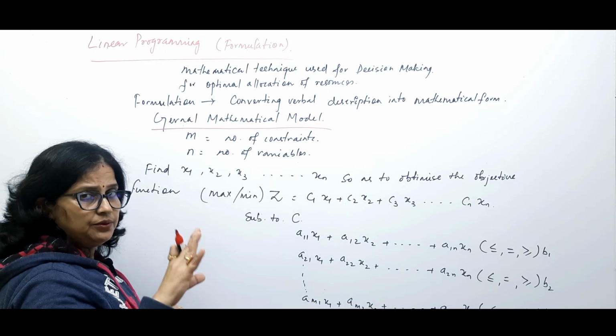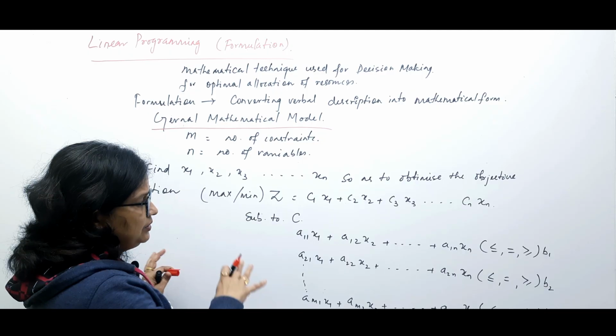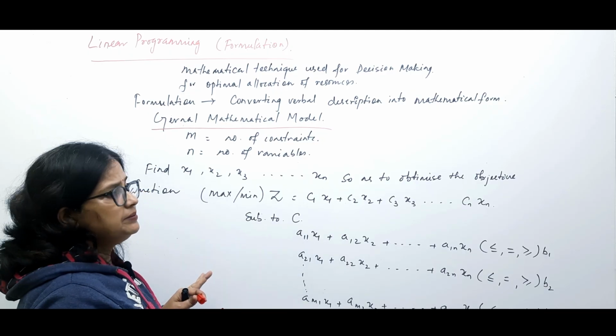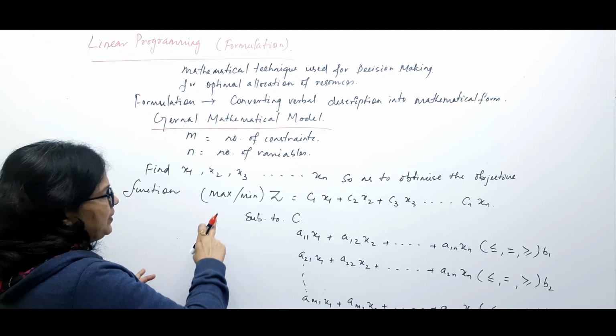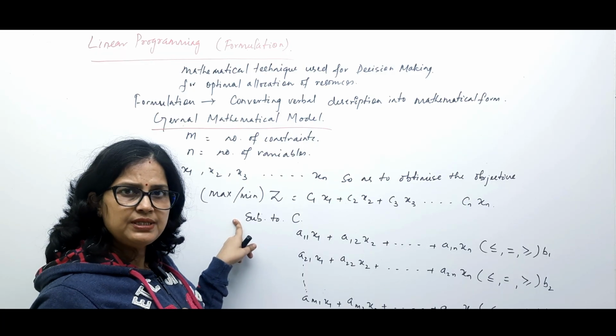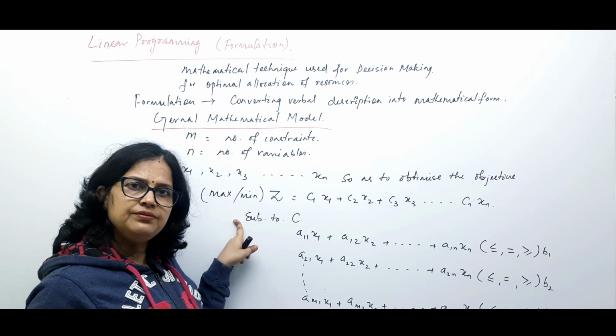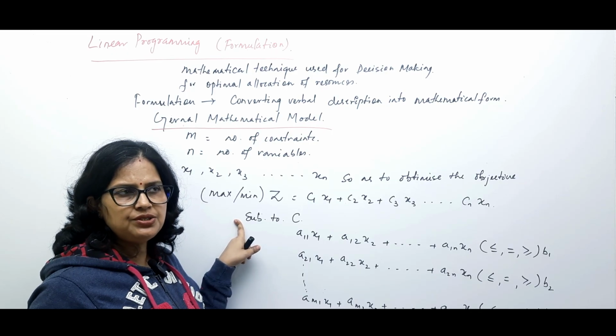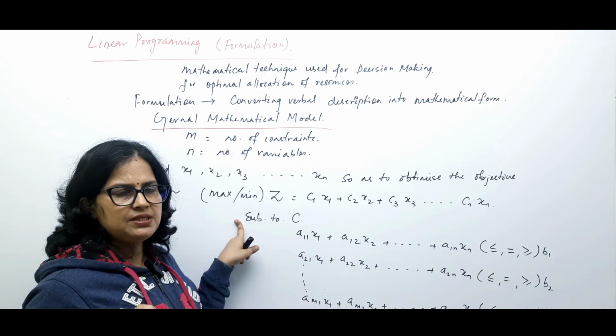How are we going to write the objective function of the general mathematical model? First, we all know the mathematical expression always has an objective function. It can be a minimization problem or a maximization problem.